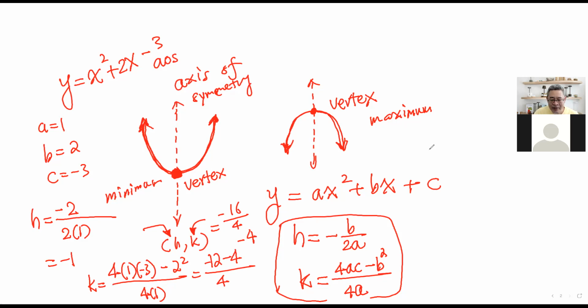So if you want to graph this one, we know that our vertex point is -1, -4. So it's here. So now this line is our axis of symmetry. And we write it as x equal to -1.